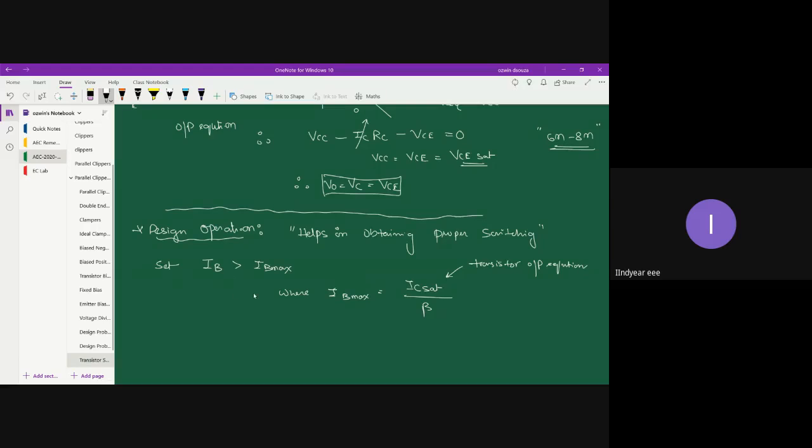Before that, I have to introduce you a few terminologies. So you have to set IB greater than IB max. And how do you get the IB max value? IB max value is obtained from this particular equation.